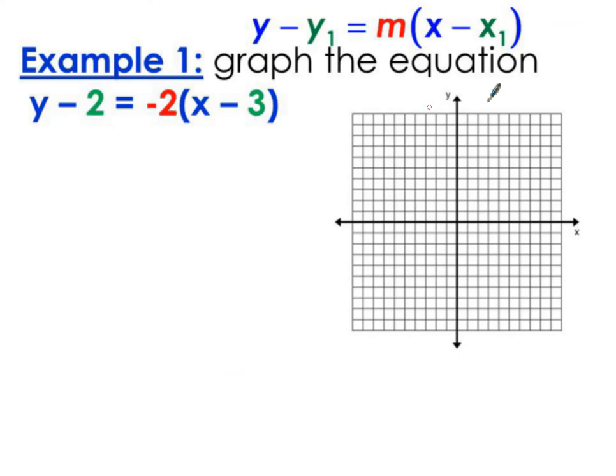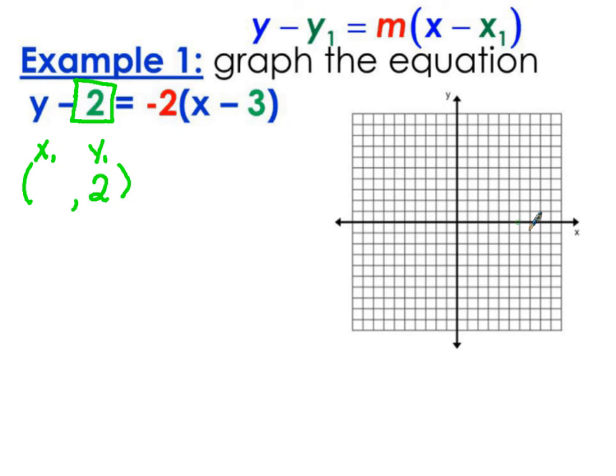Alright, so we're going to look at it. First thing I need to do is figure out what my ordered pair is, my x1, y1, my first point. And when I go to do that, if you look at the formula, y minus y1, what sits behind the minus sign is a 2, which makes my y1 2.